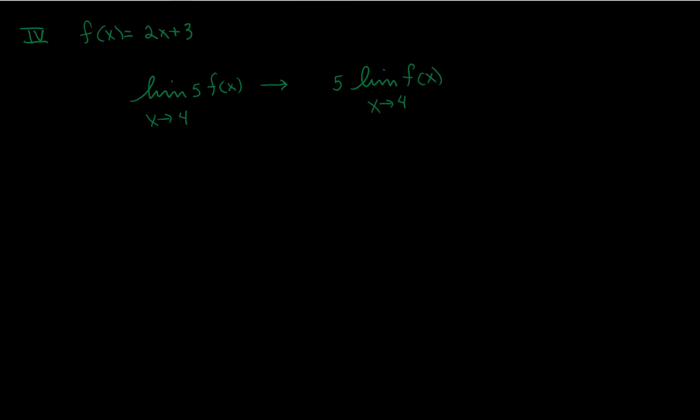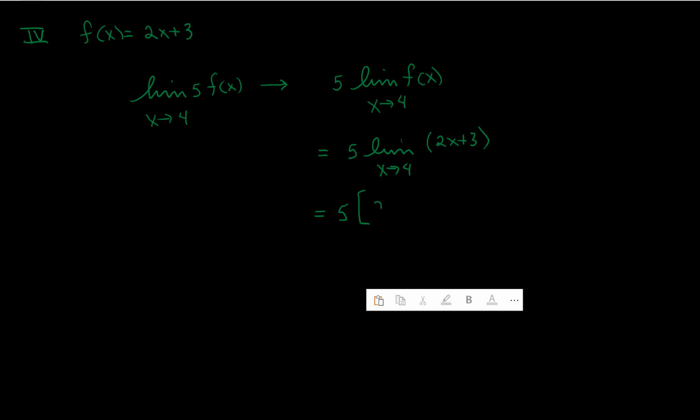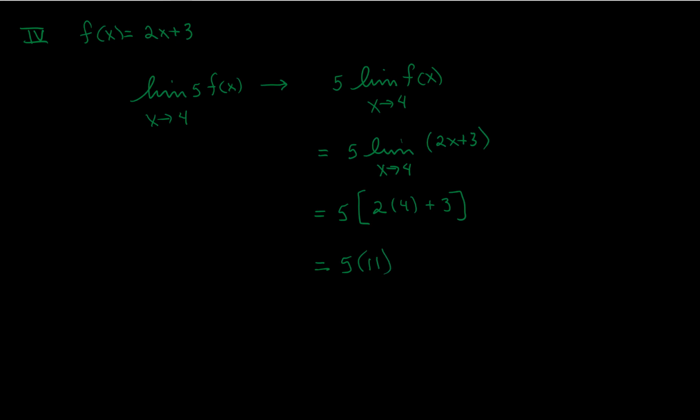In this case, this can be evaluated as 5 times the limit as x approaches 4 of our function, in this case 2x plus 3, which is going to be 5 times, we're going to substitute 4 in for x in our function, which is going to give us 5 times 11, which is 55.